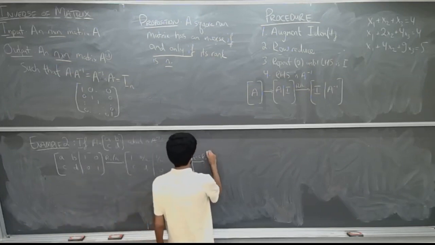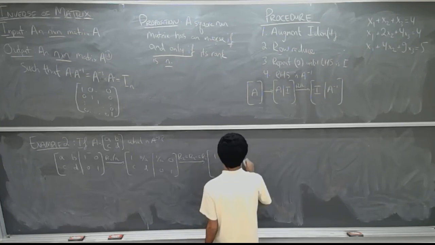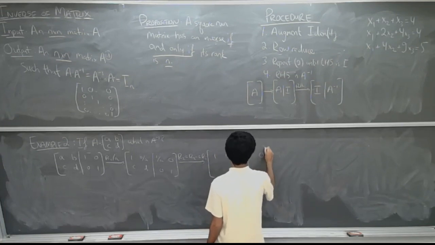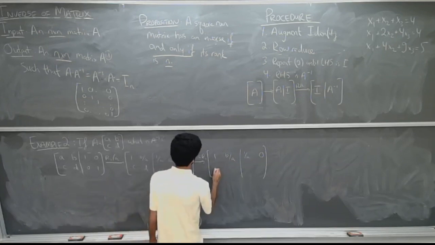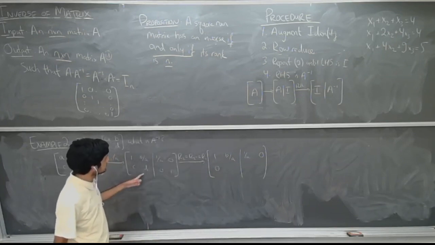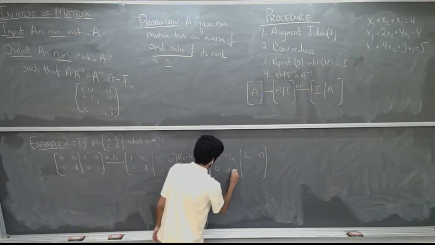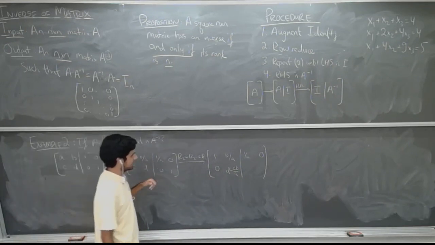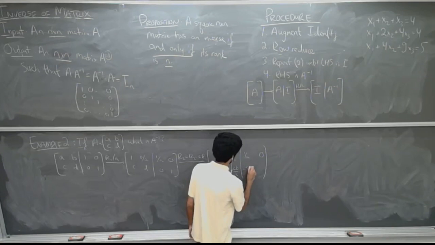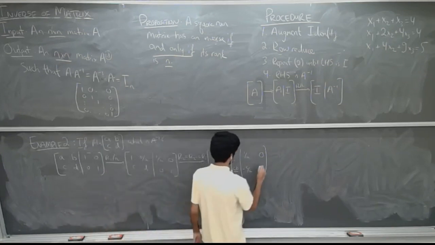The first row will stay as is: 1, b over a, 1 over a, 0. And then in the second row, c minus 1 times c is 0. d minus c times b over a is literally d minus c times b over a. Can't really reduce that anymore. 0 minus c times 1 over a is negative c over a. And 1 minus c times 0 is thankfully just 1.